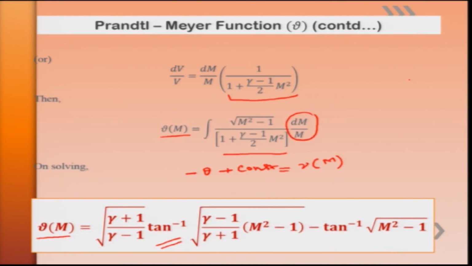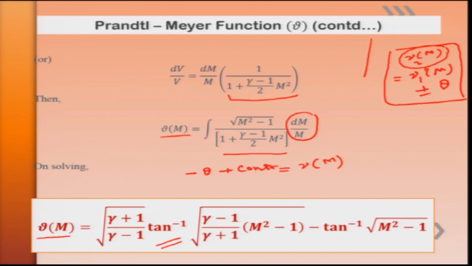And hence what I can deduce here, for any subsequent downstream nu 2, I can write down nu of the upstream M1 and hence plus or minus theta, and this is the major and important relationship for calculating the downstream Prandtl-Meyer function, through which I can calculate the properties on the downstream side using the upstream properties, based on nu 1, the Prandtl-Meyer function upstream, and the flow deflection caused by these waves. Thank you very much.